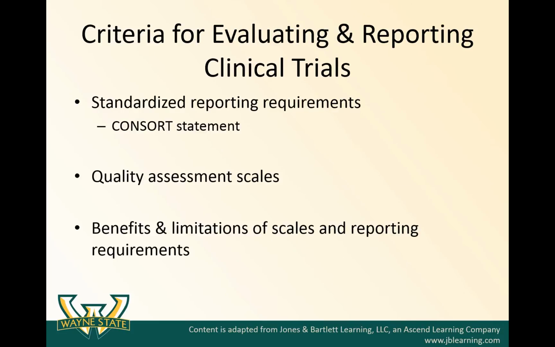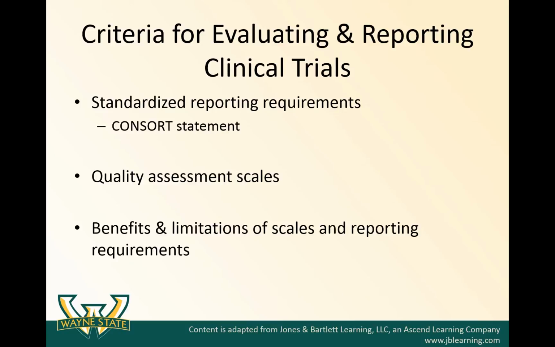Okay, so there's a variety of different criteria that we can use for evaluating and reporting clinical trials. There is the CONSORT statement, which is probably the most well-known, and includes standardized reporting requirements. There's an example of the checklist in your textbook in Table 18-1, so you can take a look at that.